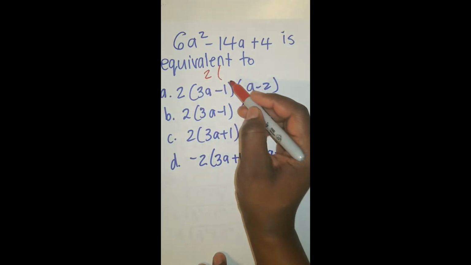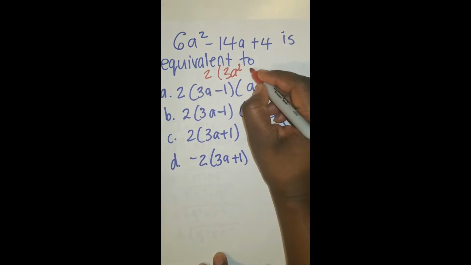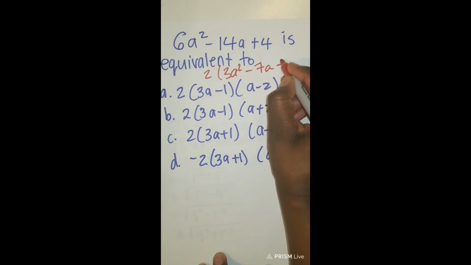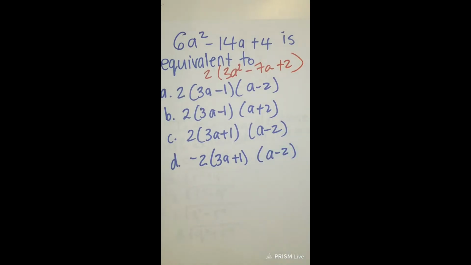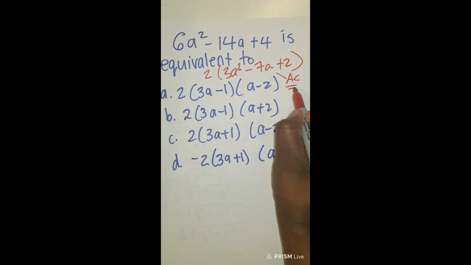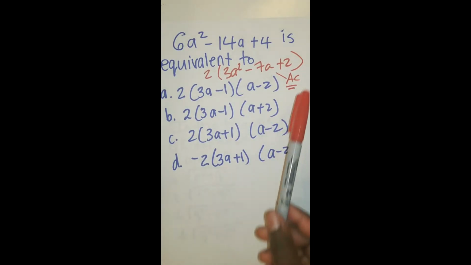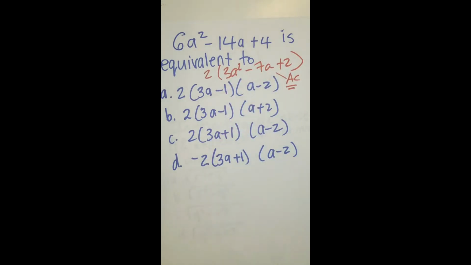So we're gonna have 2 times 3a squared minus 7a plus 2. If you know how to work the AC method, you can go ahead and use the AC method to do this. A times c is going to be 2 times 3. It's going to give you 6.